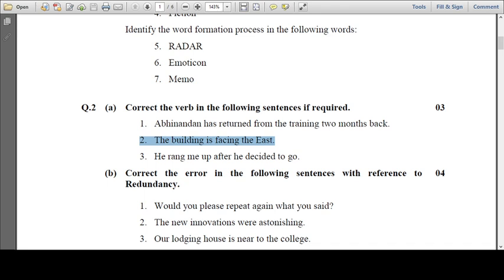Now you got it, how you have to solve all these answers. The mistake is regarding subject and verb. This is not subject agreement, but it is about tenses. You can say the building is facing the east.